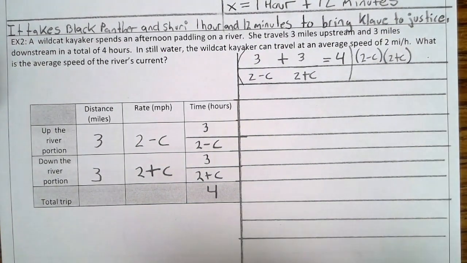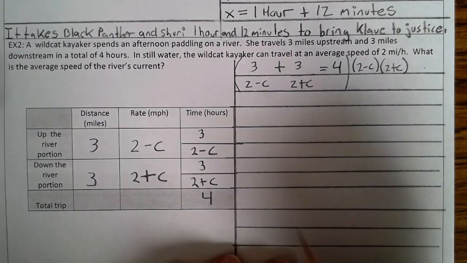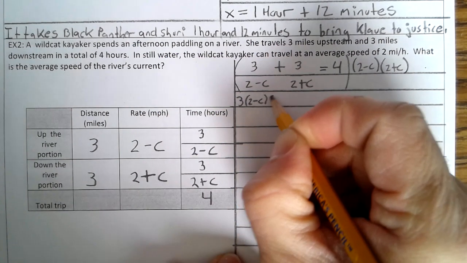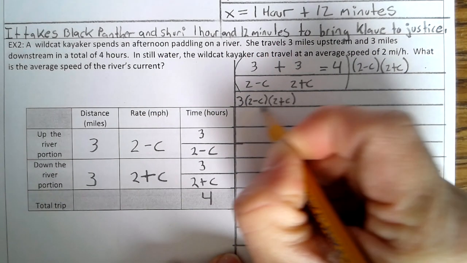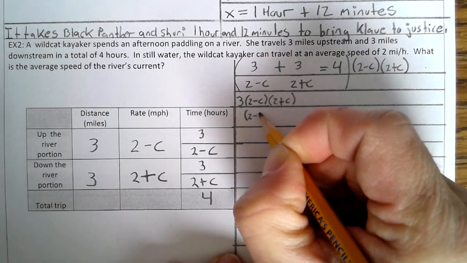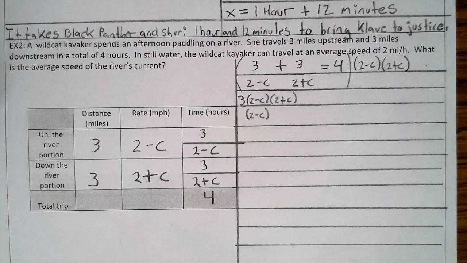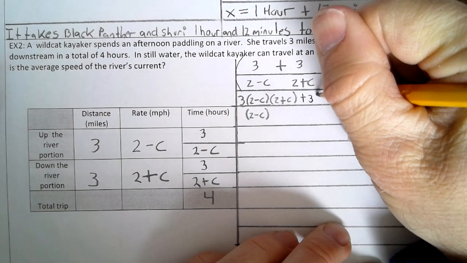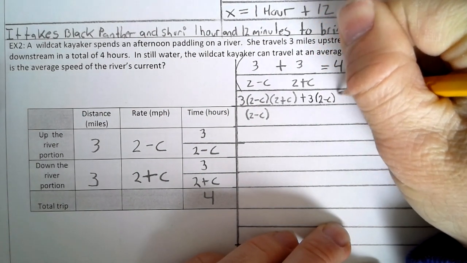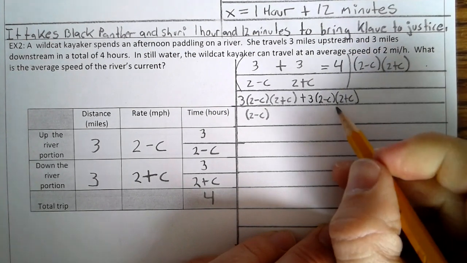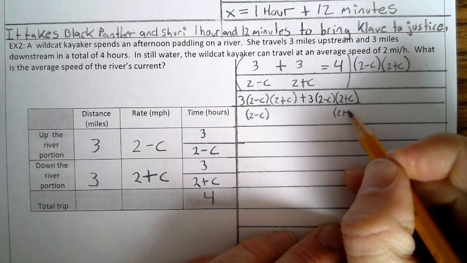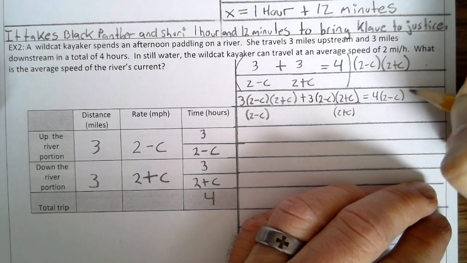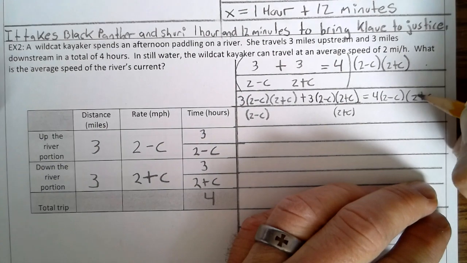So now we have 3 times 2 minus c times 2 plus c divided by 2 minus c plus 3 times 2 minus c times 2 plus c divided by 2 plus c equals 4 times 2 minus c times 2 plus c. Well, that becomes 1, that becomes 1.